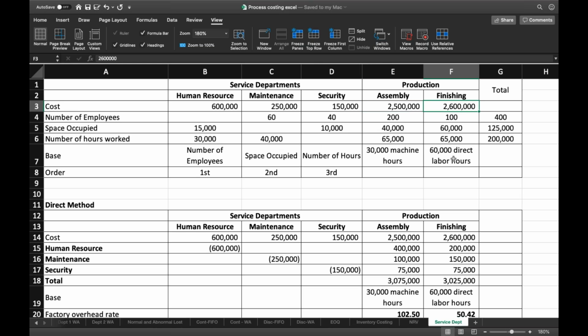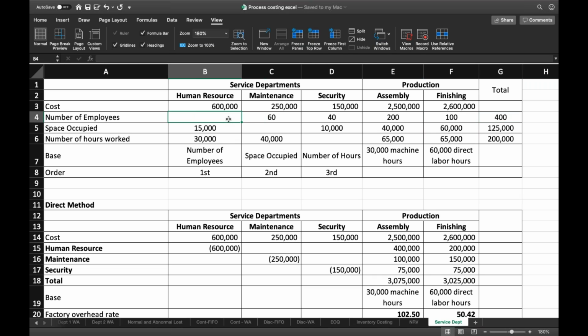And we need to compute their predetermined overhead rate. For the number of employees, there are 60 employees in maintenance, 40 employees in security, 200 in assembly, and 100 in finishing, for a total of 400.